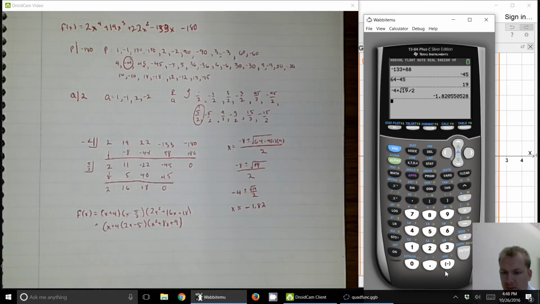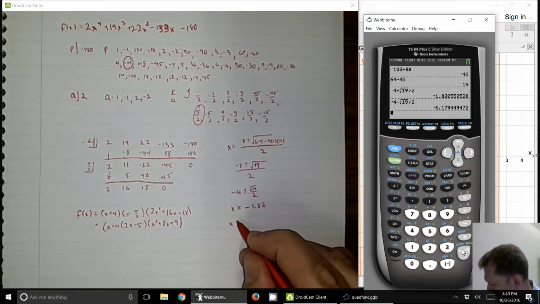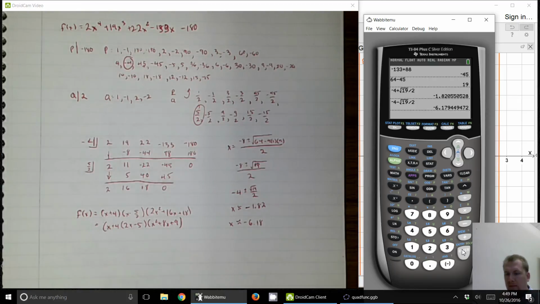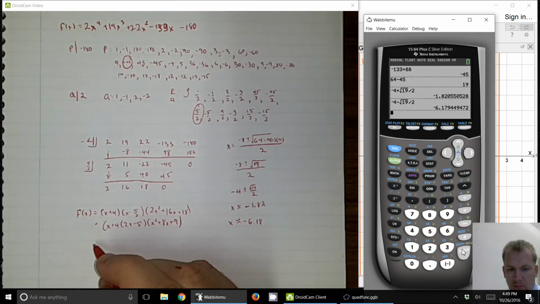And then if we do negative 4 minus root 19 over 2, we get negative 6.18. Alright, cool. So now we can make our table of values. So we'll do that.